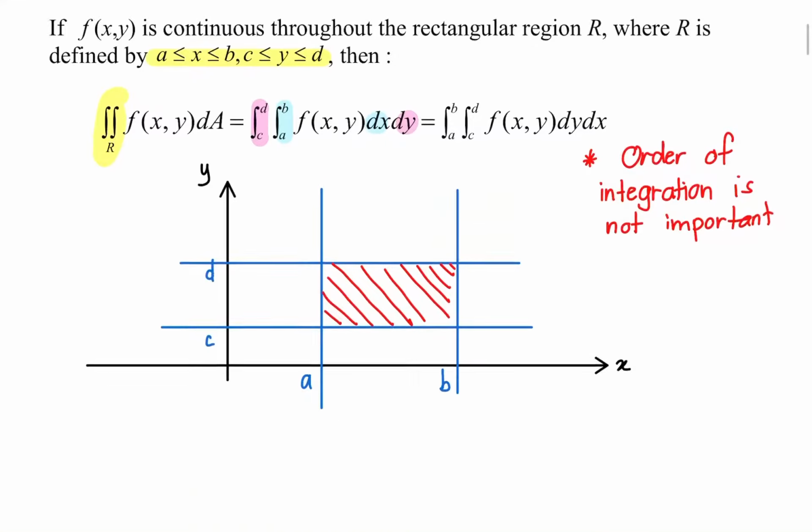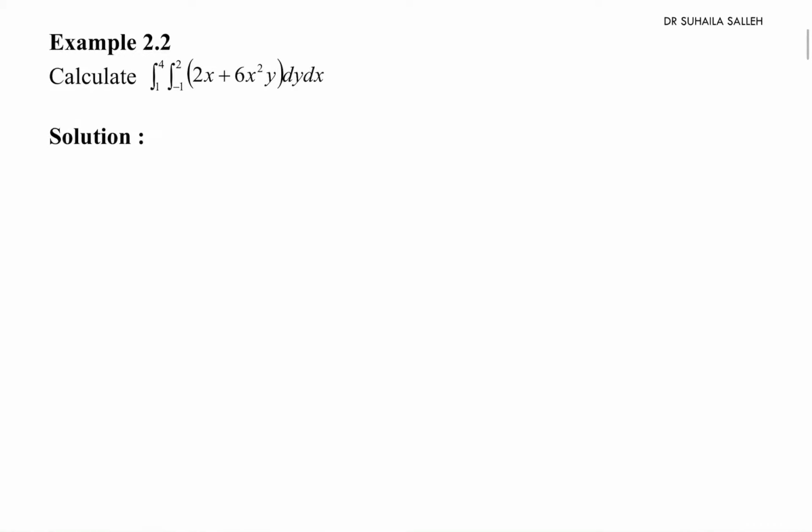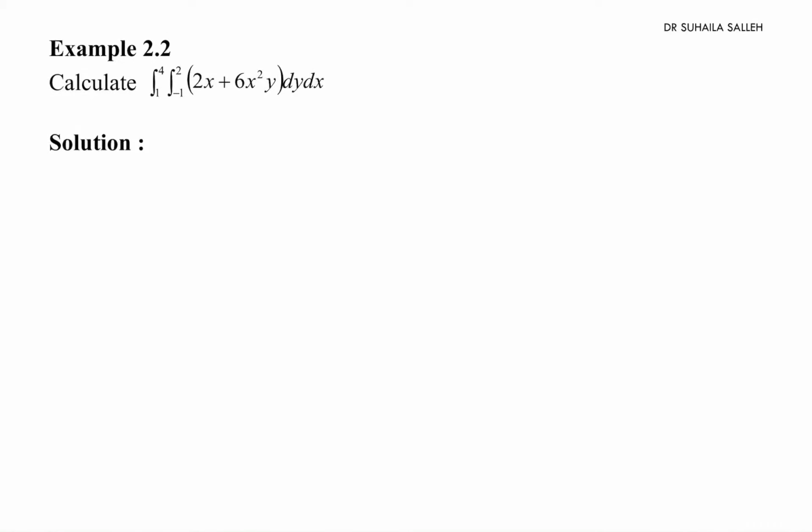Let's look at this example. The question is already given with the limits stated. Can I change the order of integration? According to Fubini's theorem, instead of doing dy dx, I can use dx dy, because all the limits here are constant.